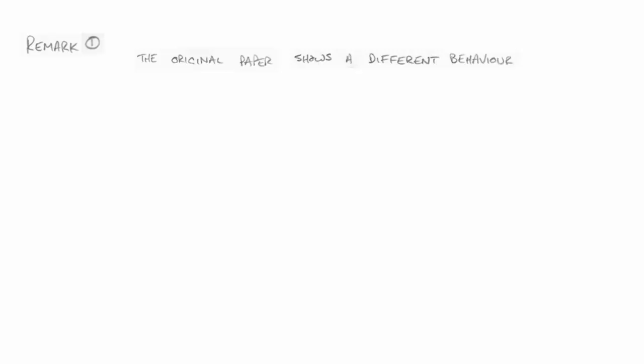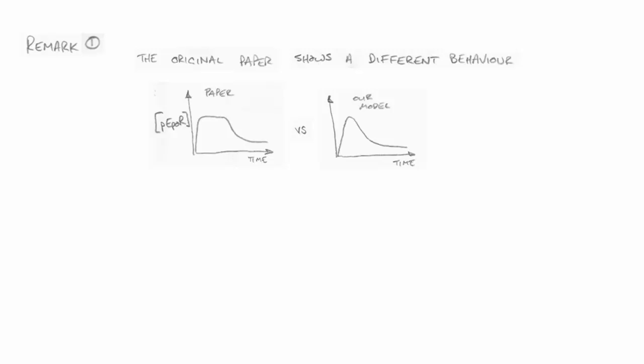So I've just got a couple of remarks on what we've done. The first one: if you go in and read the original paper, you'll find that the behaviour they predict for the phosphorylated receptors is slightly different. They predict that the level rises, is sustained, and then falls, compared to our model, which suggests a rise, peak, and then fall.